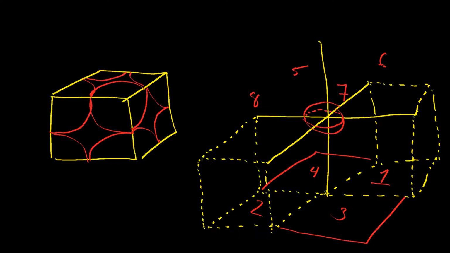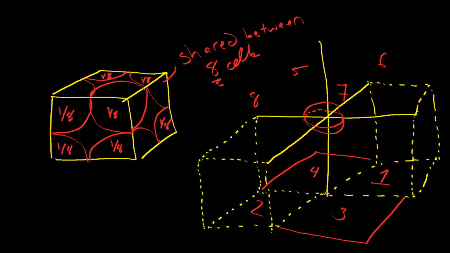Another way of putting it is that there are 8, 1/8 of each sphere at the corner. There's 1/8 of the sphere per corner. Okay, that's the way I wanted to say that.